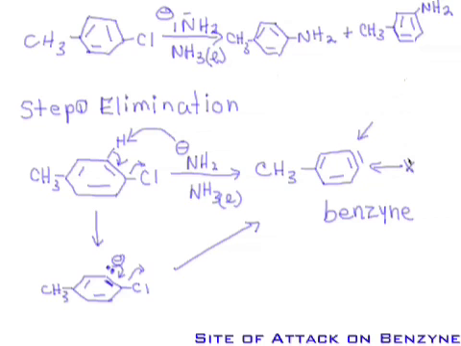If you attack here, you get the para. If you attack here, you get the meta. So this benzyne postulate works out really well in explaining the product distribution.